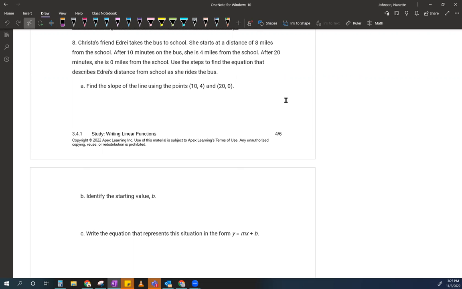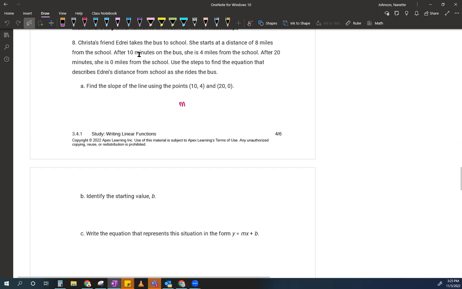Okay, so now you're ready to check your answer. I'm going to do m equals 4 minus 0 over 10 minus 20. So that's 4 over negative 10. So this is negative 2/5. Ms. Shelton, what does negative 2/5 mean in this situation?